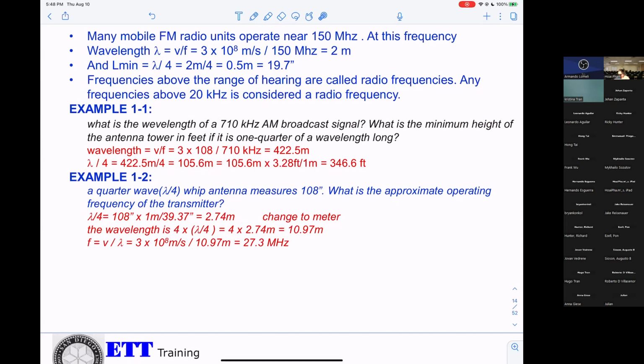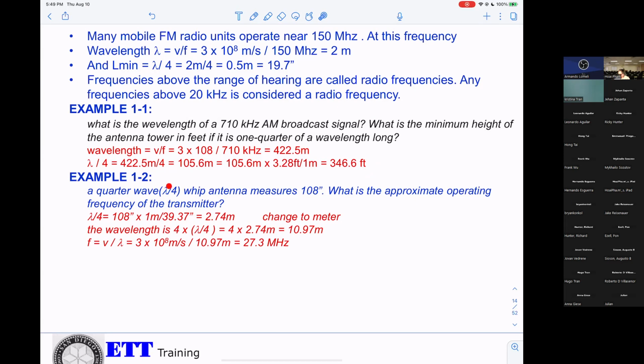You can calculate the wavelength: take V divided by F. You get 420.5 meters. And the length will be lambda divided by 4, which gives you 346.6 feet.